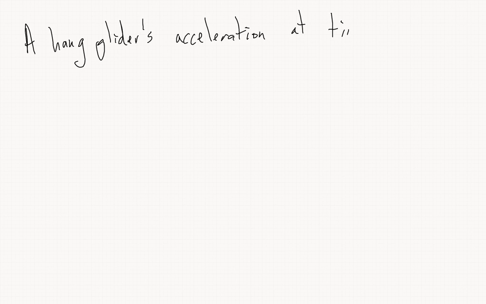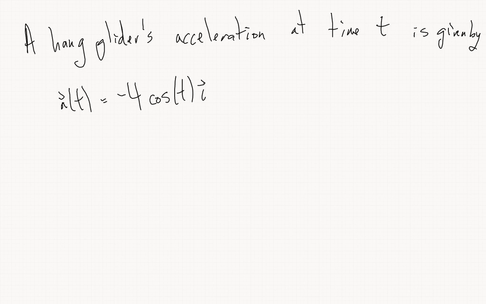Finally, here's an example of a physics application. A hang glider's acceleration at time t, we're told, is given by a of t is negative 4 cos t i minus 4 sine t j plus 2t k.